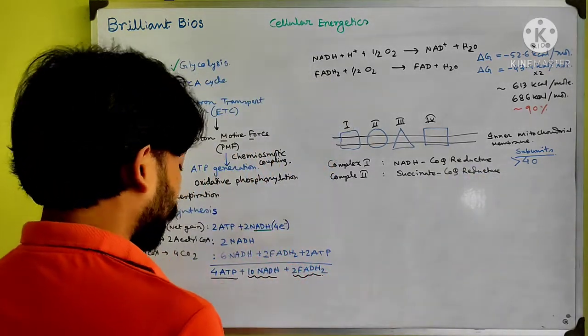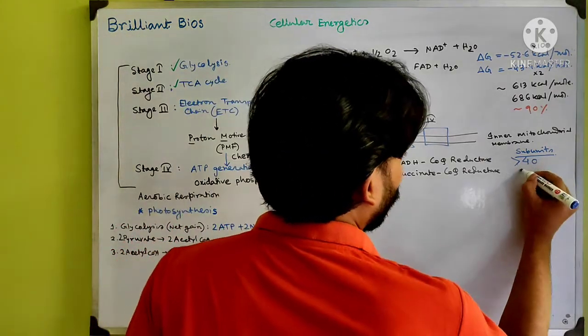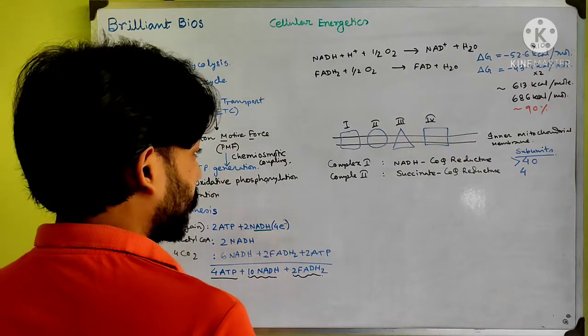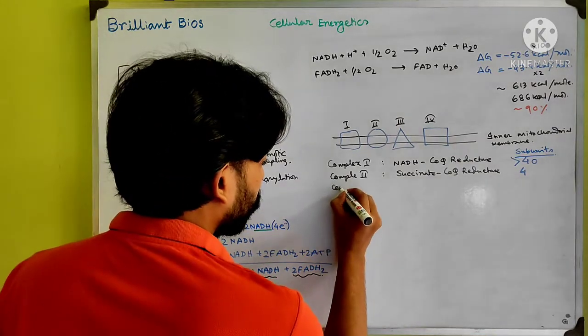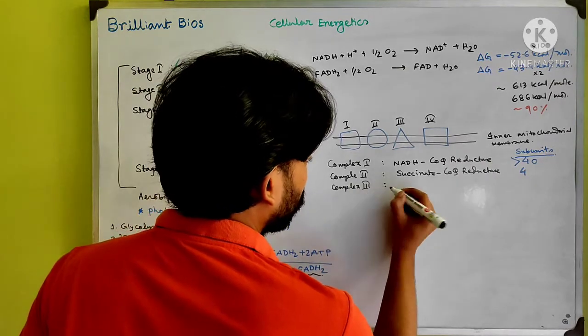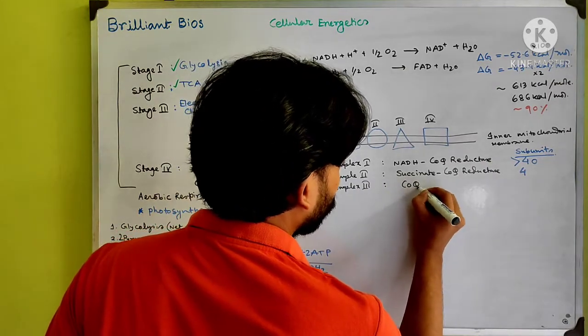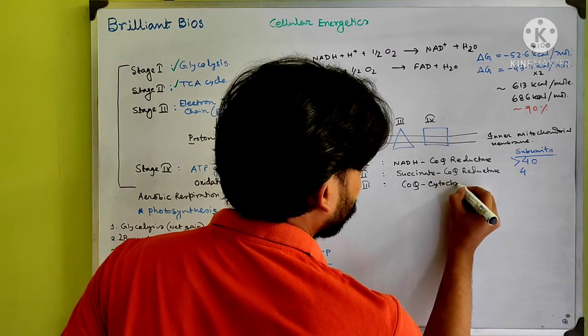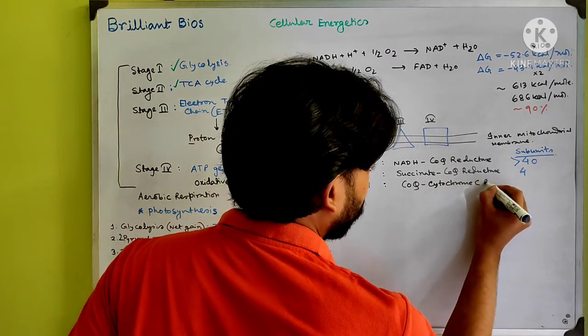These molecules have approximately 4 subunits. Complex 3 is known as CoQ cytochrome C reductase.